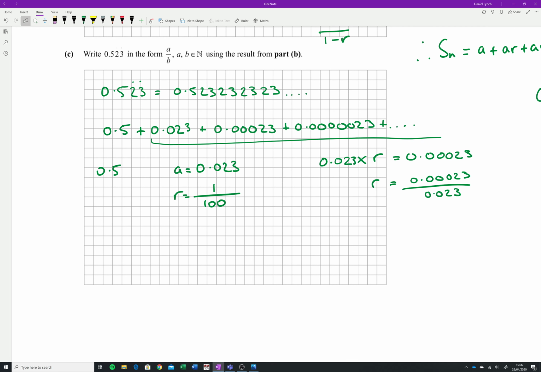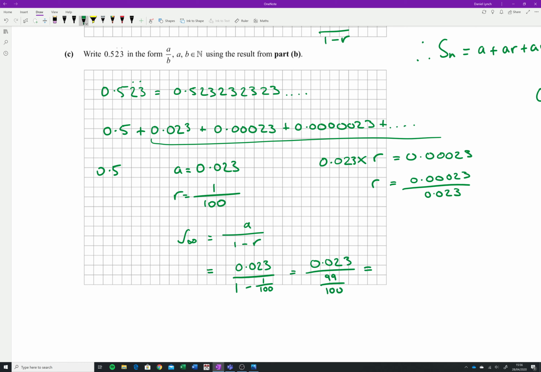How many of these things are we adding up? We are adding up an infinite number of them. So we have that S infinity is equal to A over 1 minus R. A is the first term, 0.023, over 1 minus R, which is 1 over that. So we get 0.023 over 99 over 100.